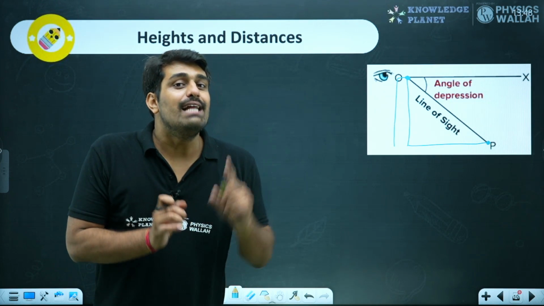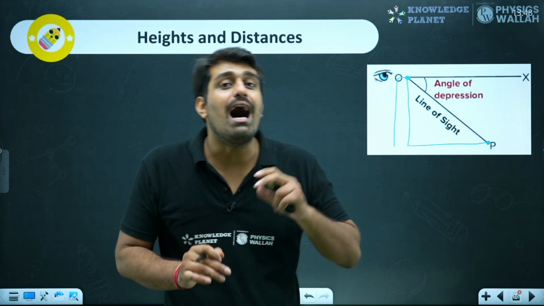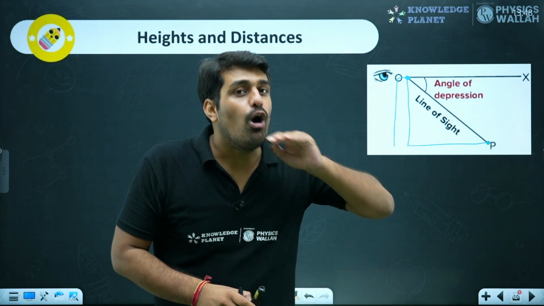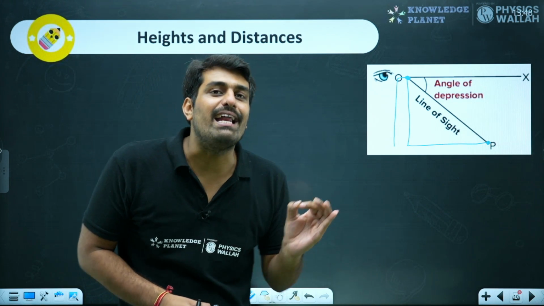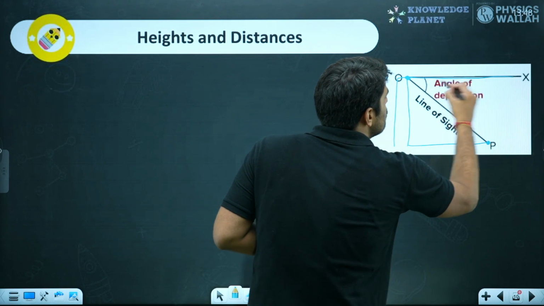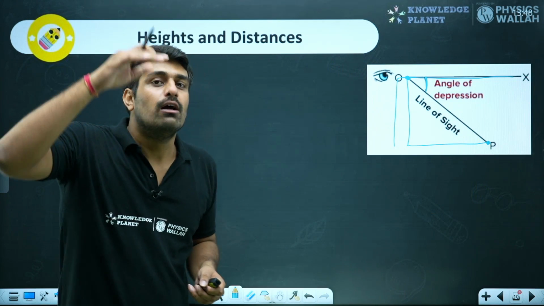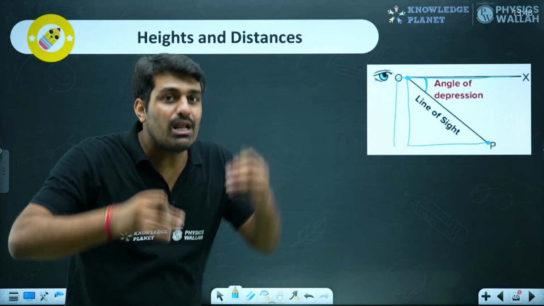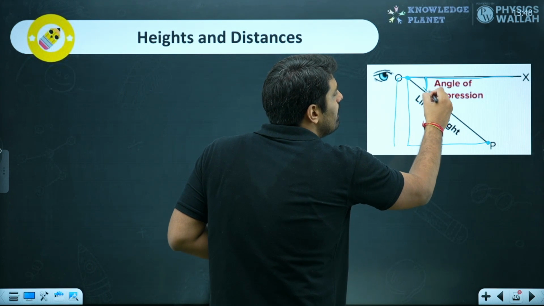Always make sure that whether it's angle of depression or angle of elevation, both of them are calculated using the horizontal line as the reference point. This is the horizontal line which we are using over here, and this is our angle of depression, the angle which we make when we put our head a bit downwards.